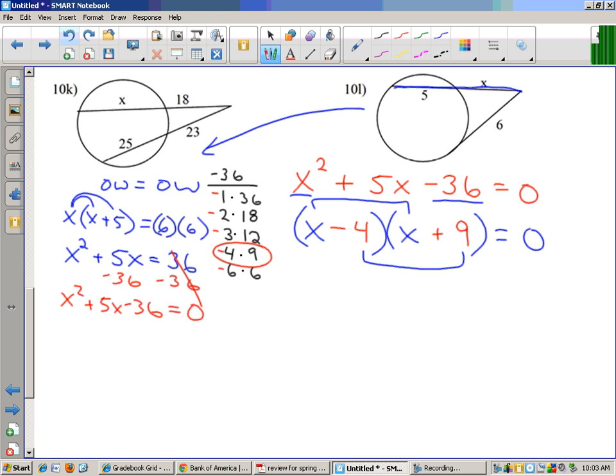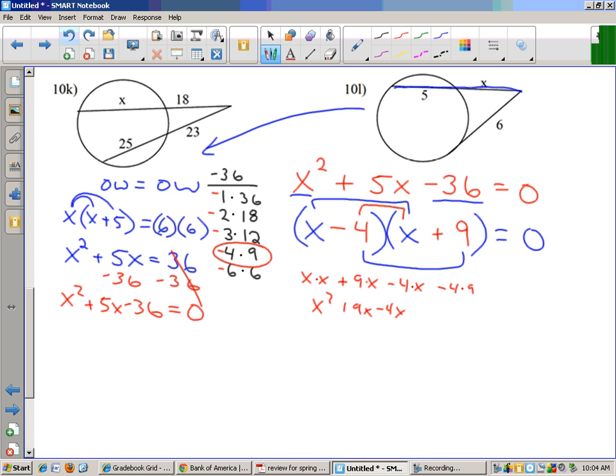I'm going to get x times x. That's first times first. I'm going to get positive 9 times x. I'm going to get negative 4, so this will be negative 4 times x. And then I'm going to get negative 4 times 9. So what's x times x? X squared. What's 9 times x? 9x minus 4x.